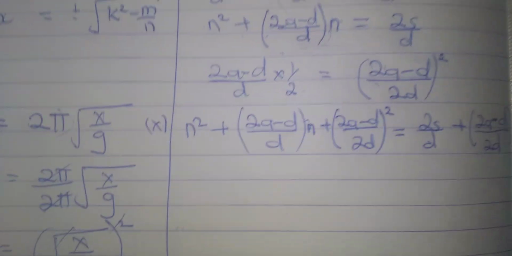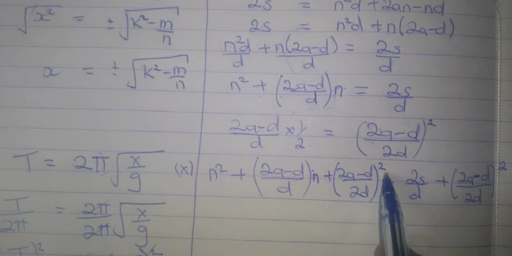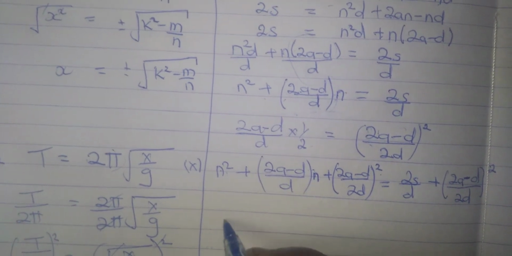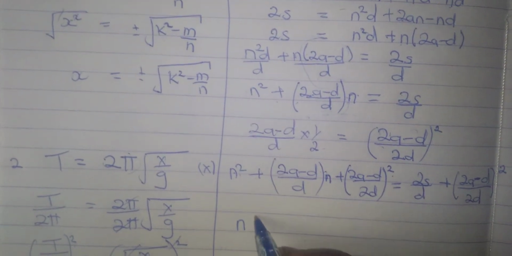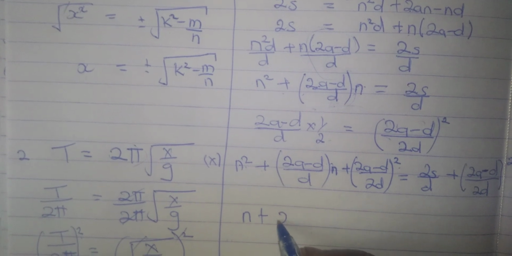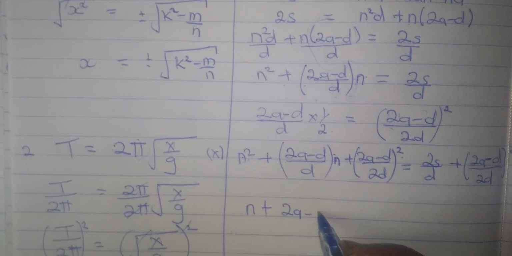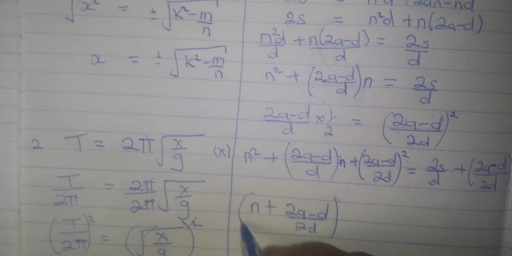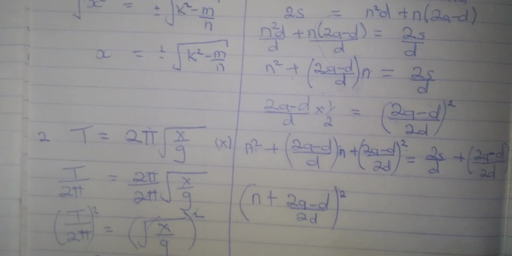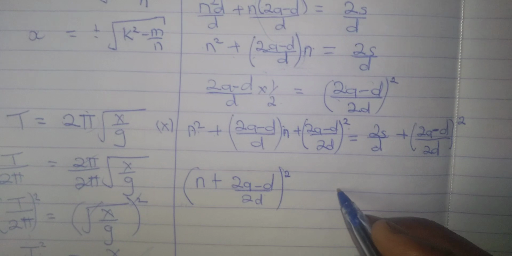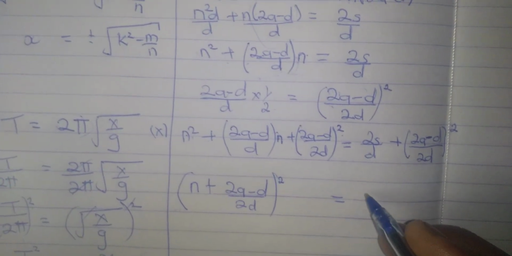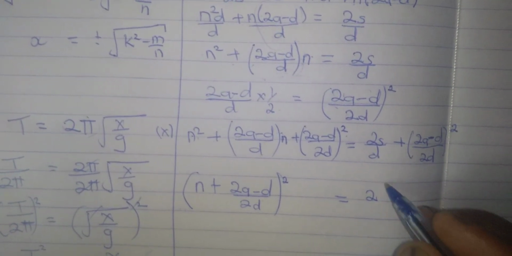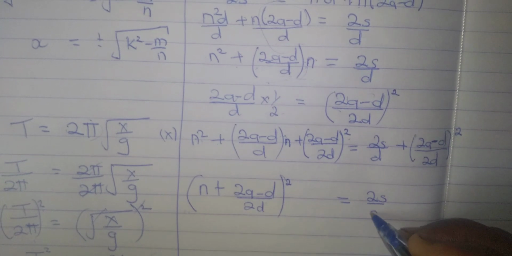So looking at this square and this square, I'll maintain n, take the first sign here, then I also maintain 2a minus d over 2d, then I'll just square them at once. This will give me 2ds over d.